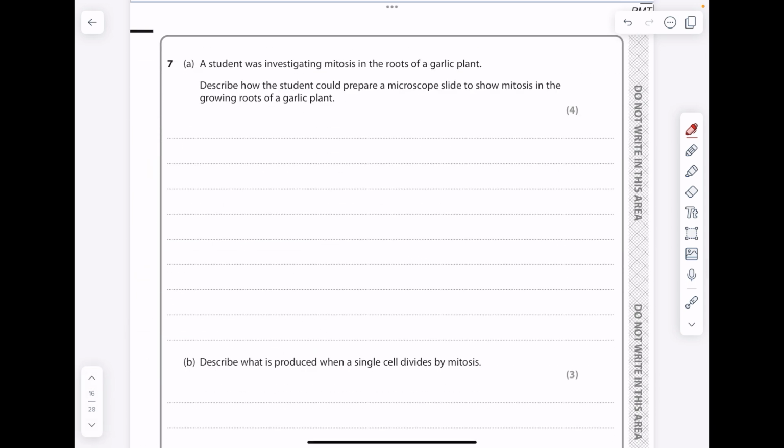A student was investigating mitosis in the roots of a garlic plant. Describe how the student could prepare a microscope slide to show mitosis in the growing roots of a garlic plant. So we want to say that we use the root tip and crush using a pestle and mortar.